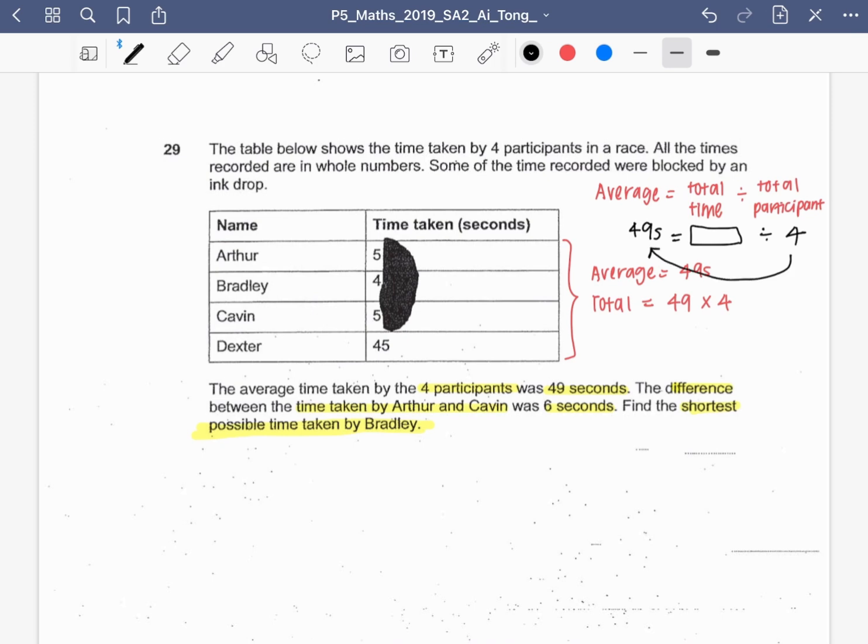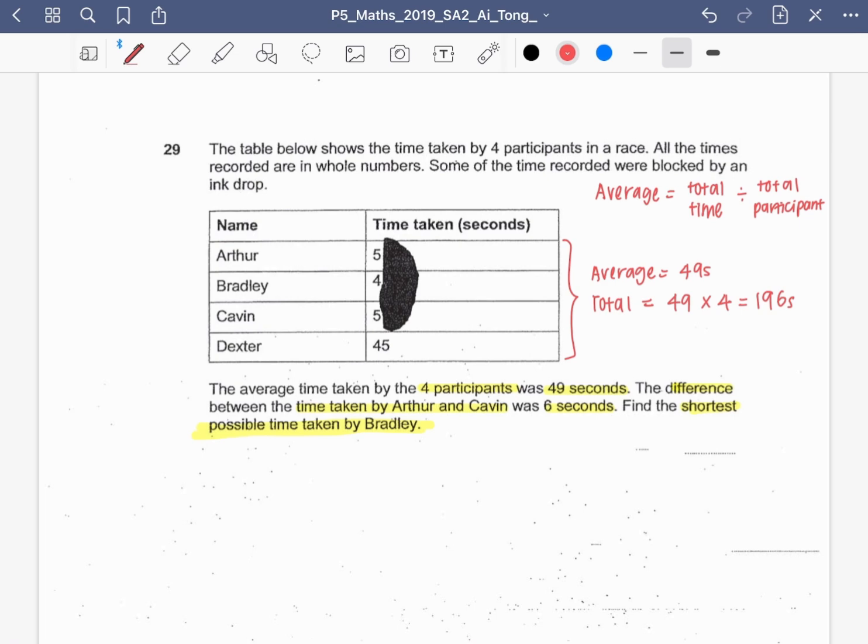So I did the opposite of divide. I times it instead. So that's why 49 times 4. And the total time should be 196. Okay, so this would help us later to find Arthur and Kevin.